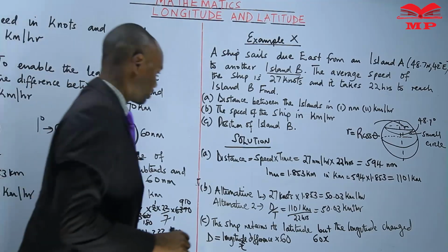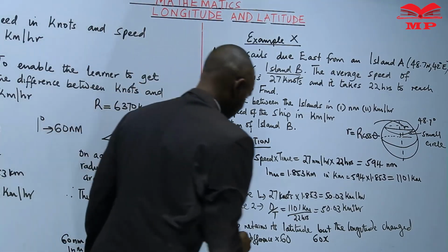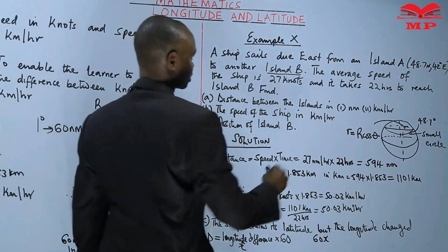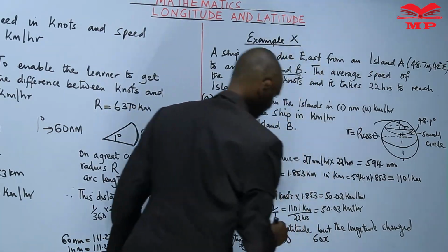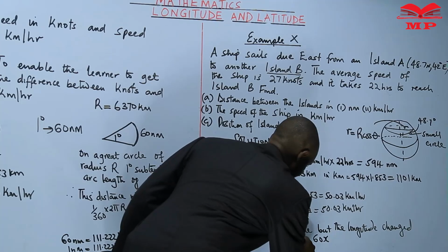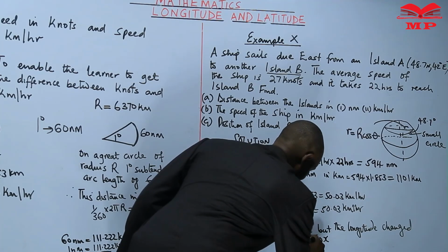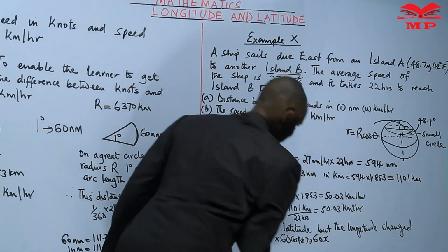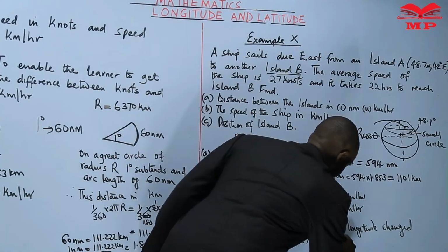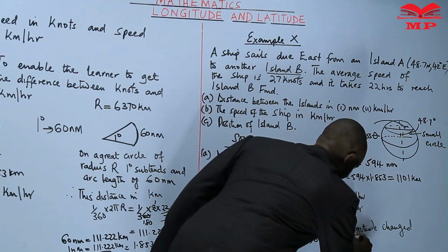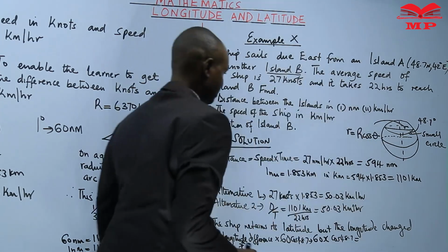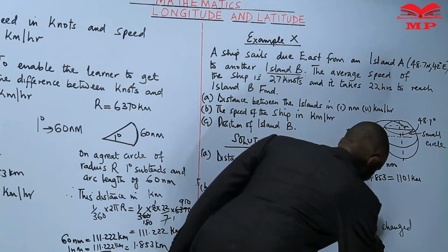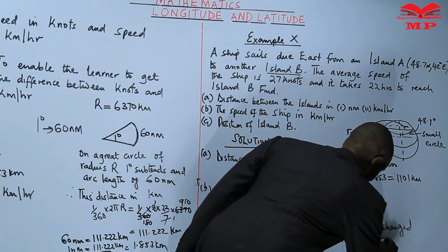And since it is a small circle, I'll have to multiply by cos theta, cos 48.7. 60x times cos 48.7 will give me 594 nautical miles.